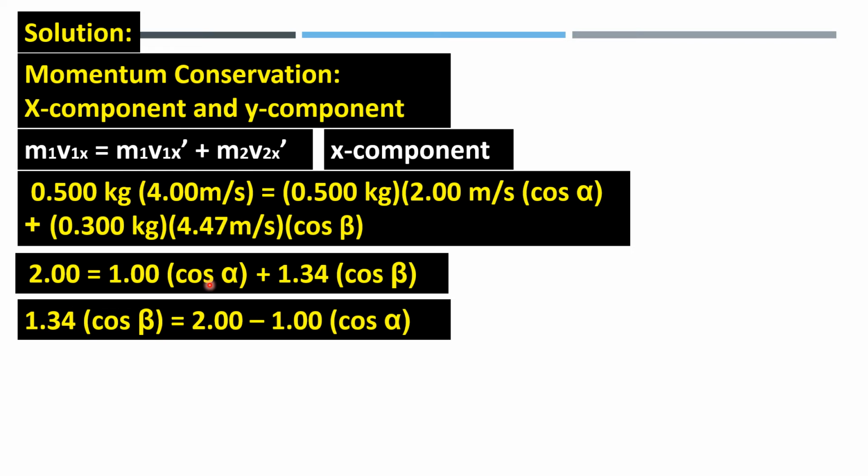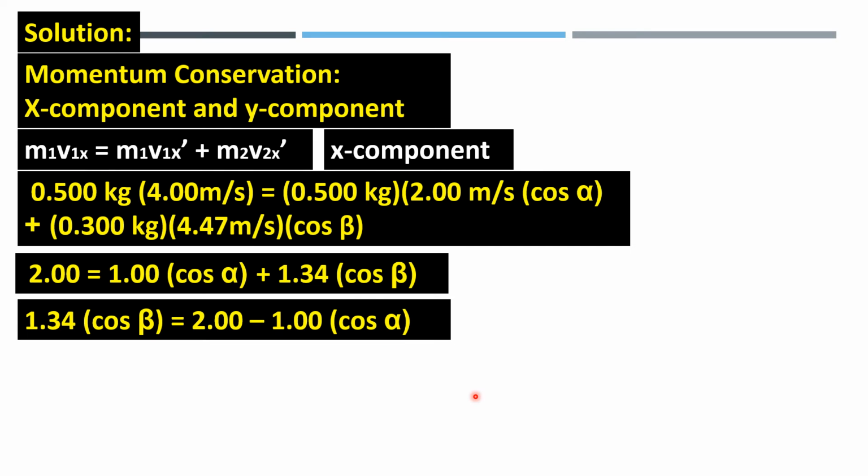If we combine this part, 1 times cosine alpha, with 2, they become 2 minus 1 cosine alpha. So I hope you are able to follow.